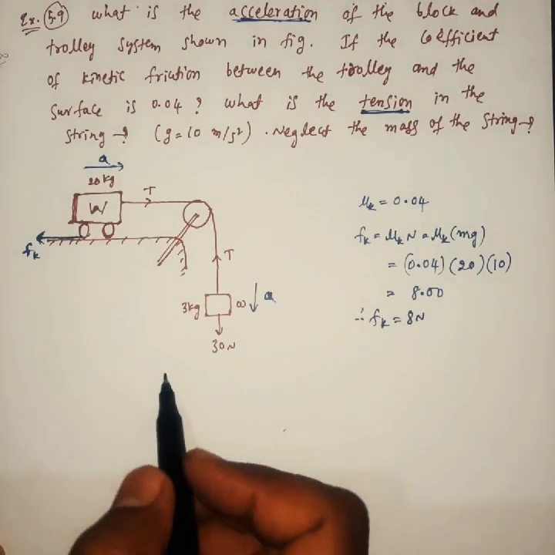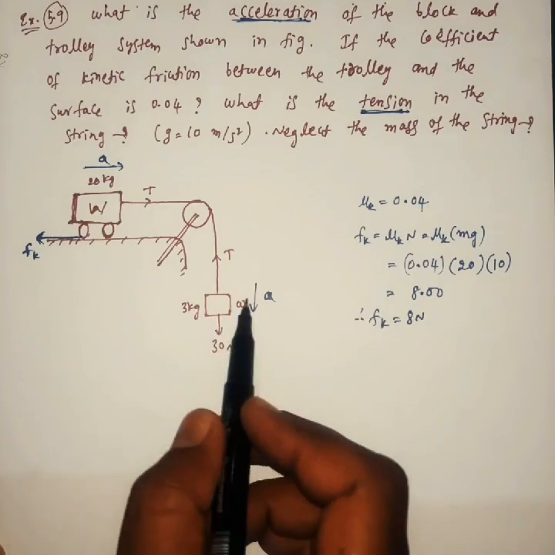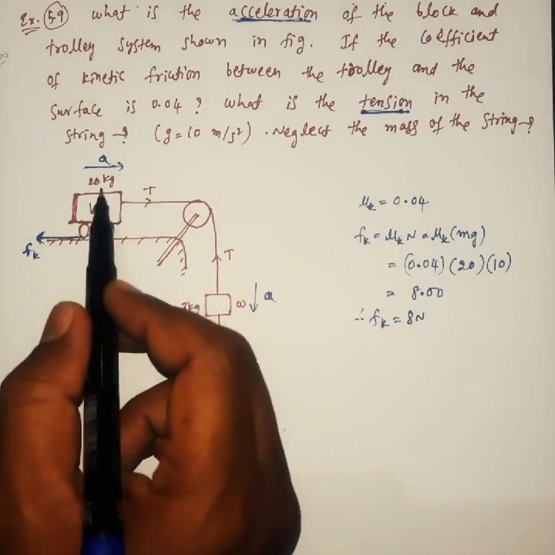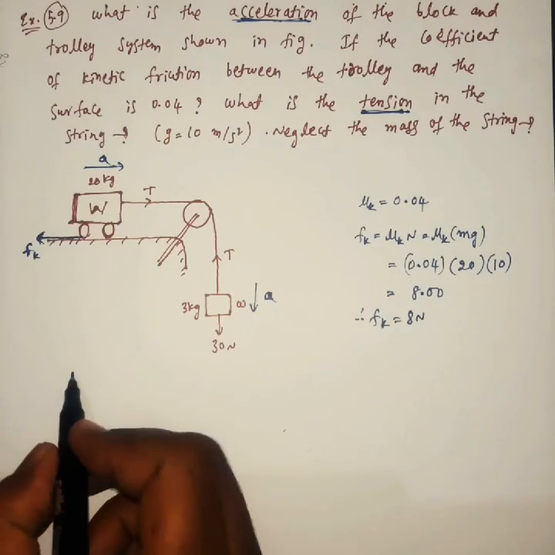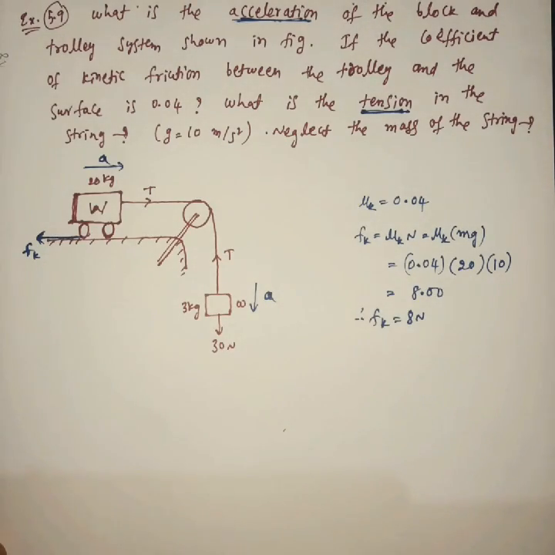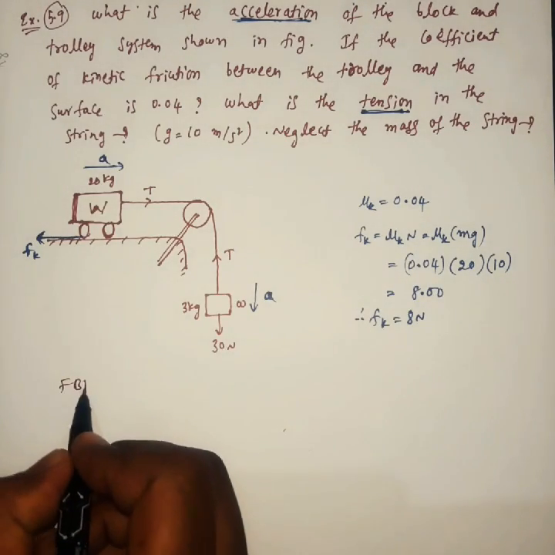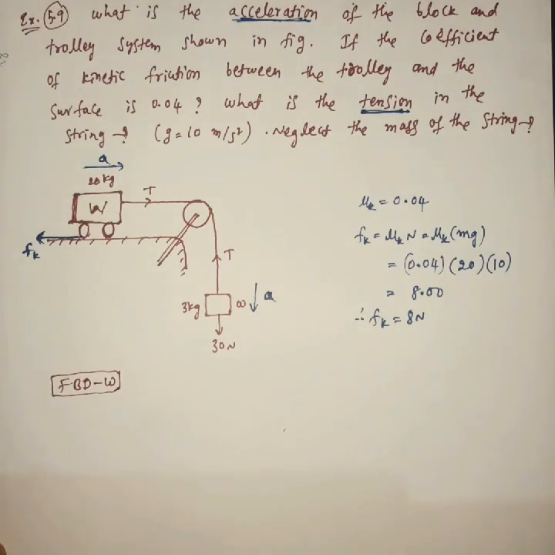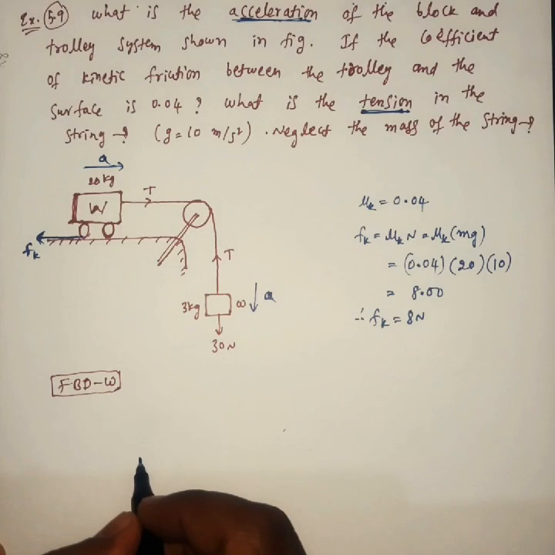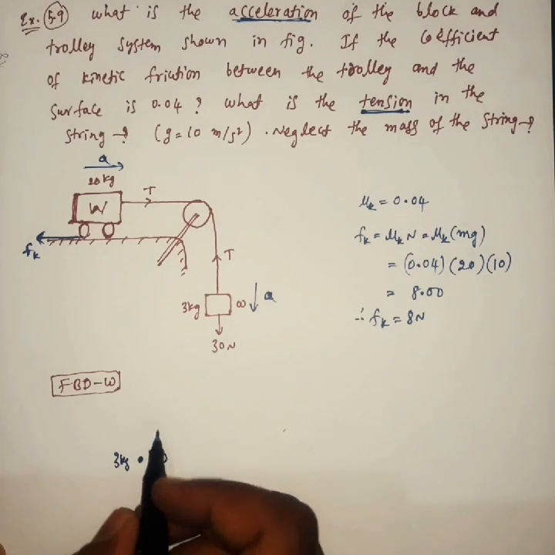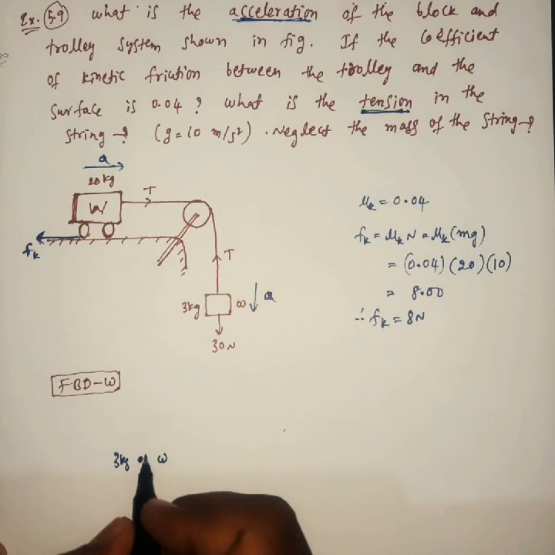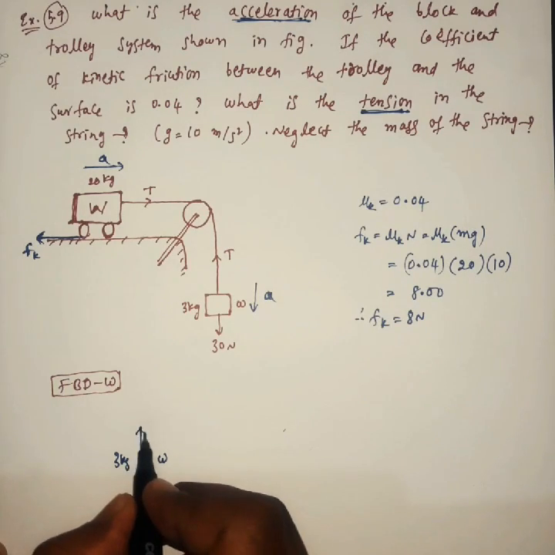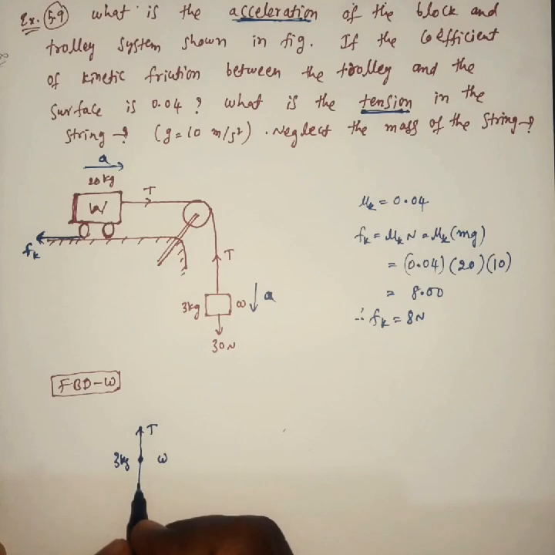So now I am writing the free body diagram for capital W, and the free body diagram for small w. So here I am taking the 3 kg mass, small w. How many forces act on that object? In the upward direction it is the tension force, and in the downward direction it is the 30 newton force.